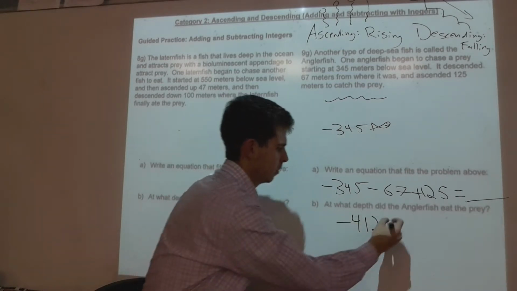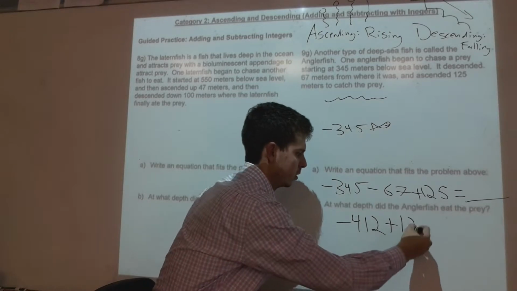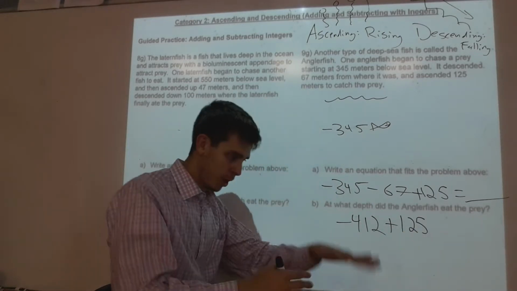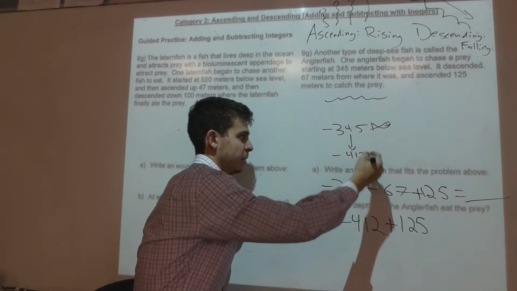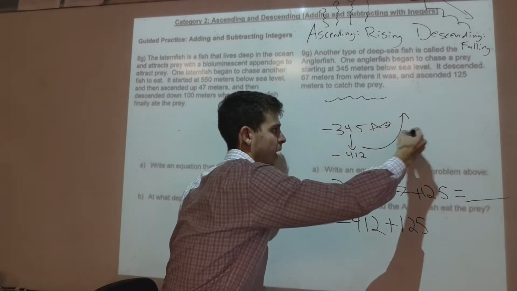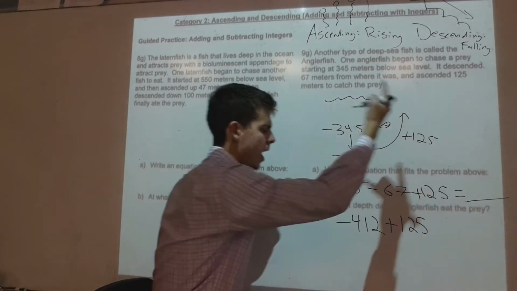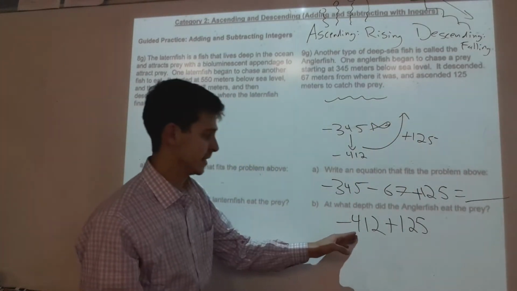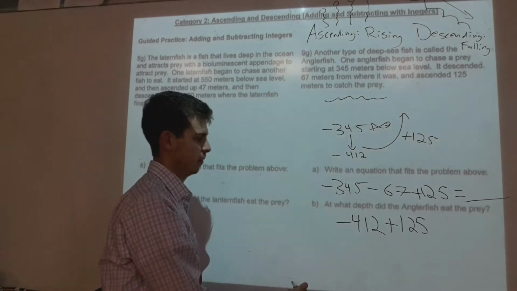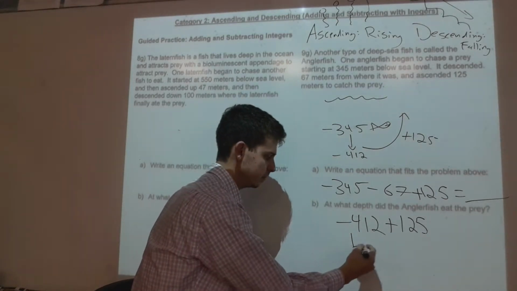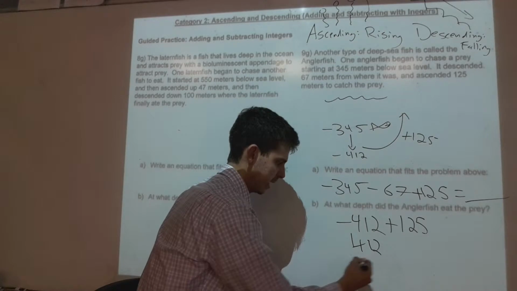Negative 412 plus 125. Well, I know we go down further, we're at here. But then we go up plus 125. We're going to go up. So this has got to be less negative, so I can subtract the 125 from the 412 to make it less negative.